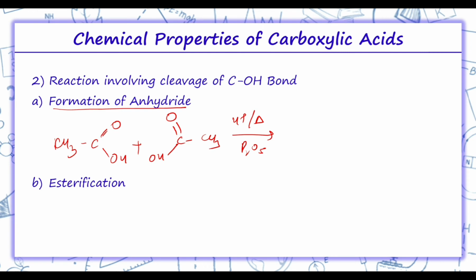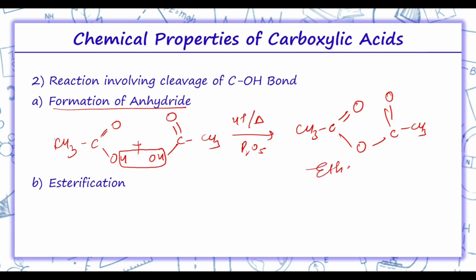Thus, here occurs removal of an H2O molecule. So, we get CH3CO-O-COCH3. We call it ethanoic anhydride.